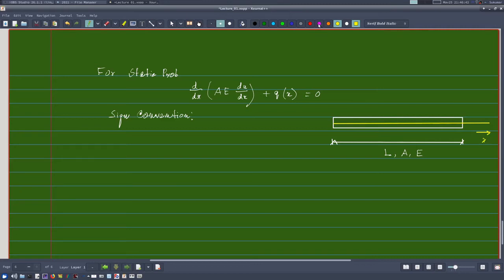In that case, if I have a force at the end, this P, this is a positive force. On the other hand, if I have a force here, this is a negative force because it is acting towards the negative direction of the axis.